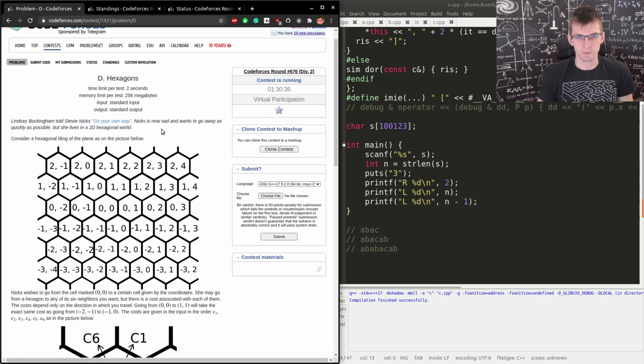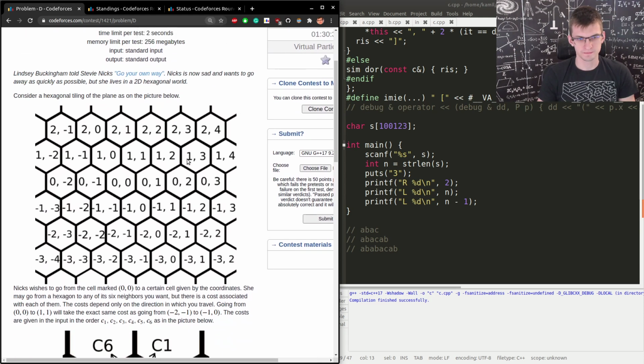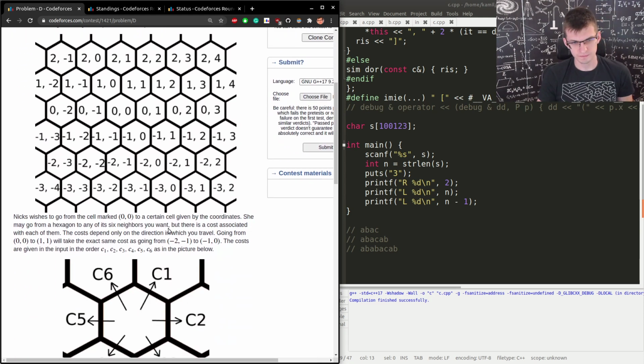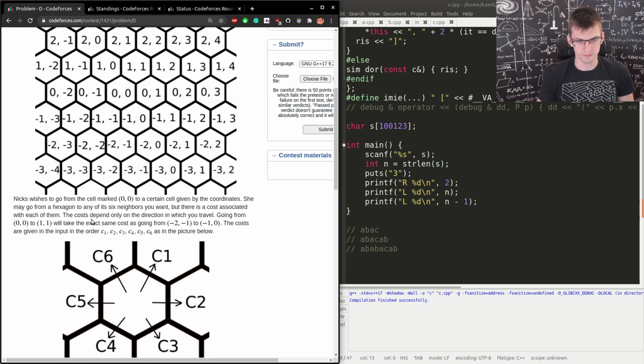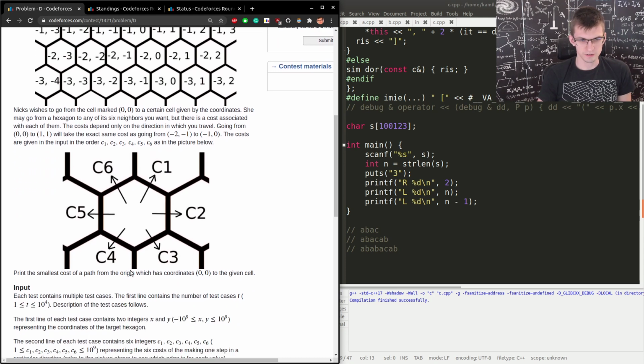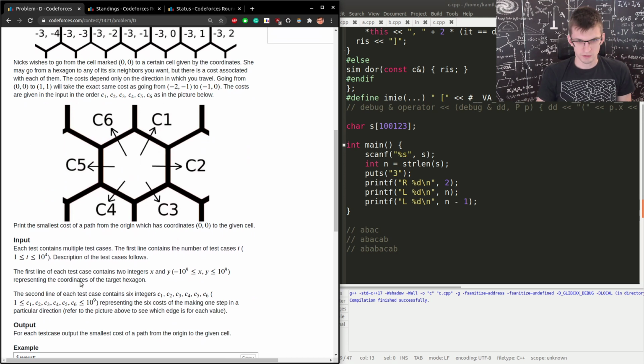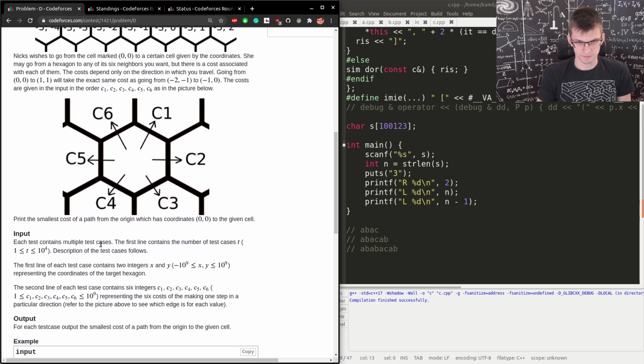Hexagons. There are costs for each direction. Print the smallest cost of a path from the origin to the given cell. Maybe going to the right is very costly, and then we need to use C1 or C3.